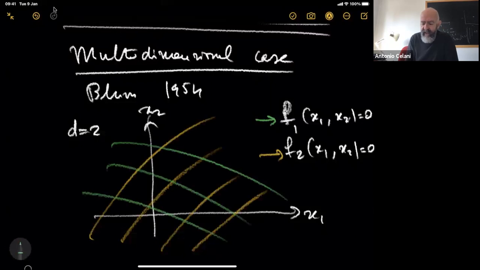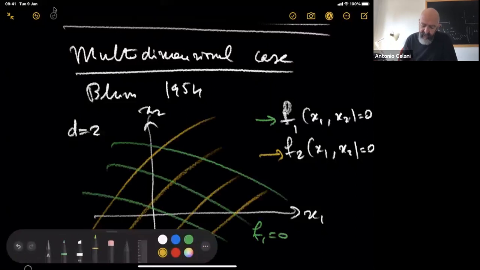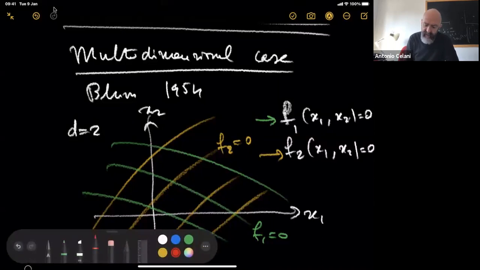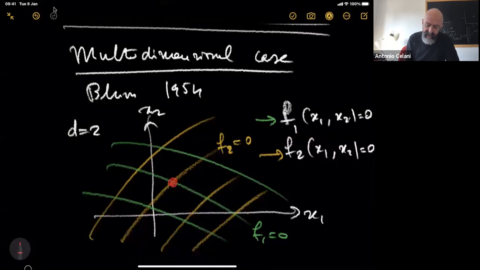One of these level lines is f1 equals 0, and for instance, this one is f2 equals 0. Think about these 2 functions f1 and f2 as very smooth functions which have a definite direction in which they decrease. What we aim at is to identify the point here, which is the solution of these 2 equations.